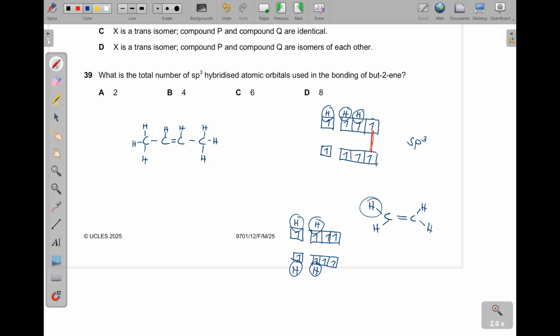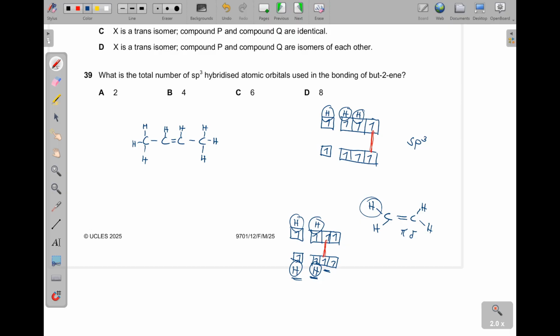Okay, now when you see this double bond, there is a pi bond and then a sigma bond. Okay, so the sigma bond is for the head-on overlap. So the head-on overlap, let me say it is this one here. Okay. Now, these ones are left unpaired. So how many are used for bonding to form the sigmas? We have 1 here, 2, then 3.